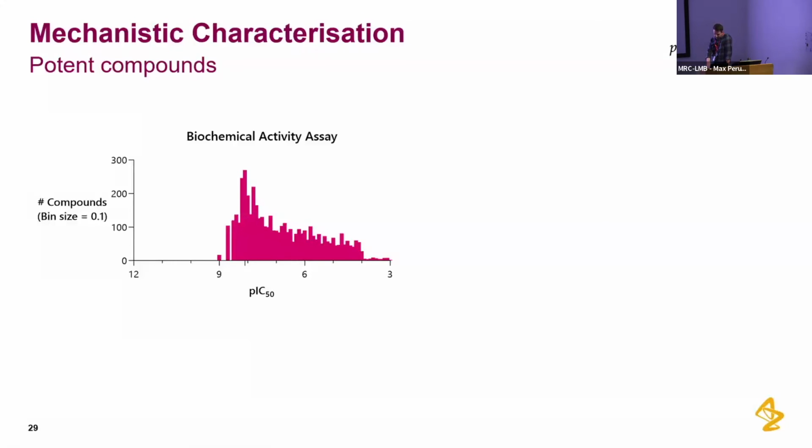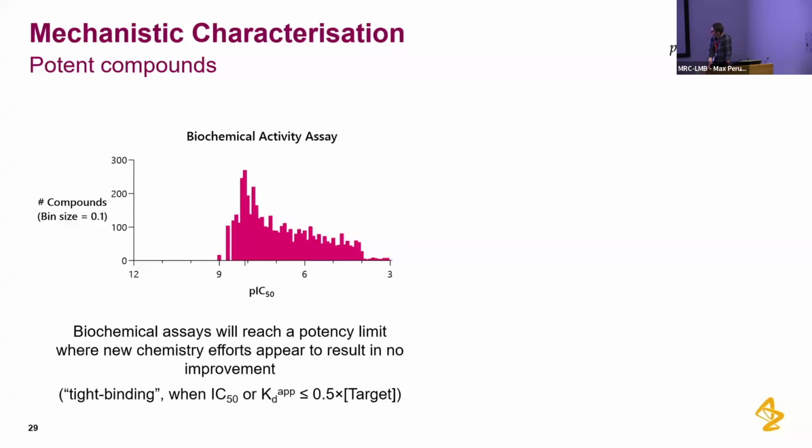And the reason for that is because all solution-based assays like this have what's known as the tight binding limit, and it's essentially a limit where even if something is a better inhibitor or a better binder, you won't see that in your data because your compound is more potent than the concentration of target.